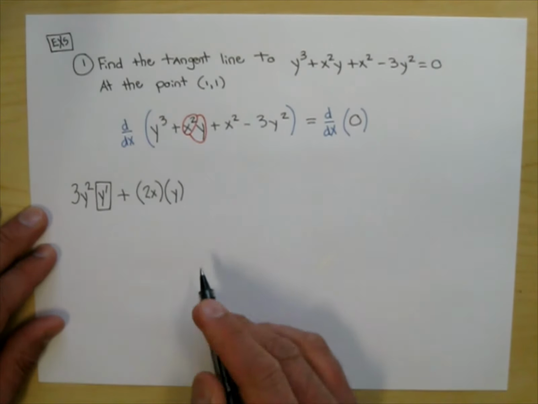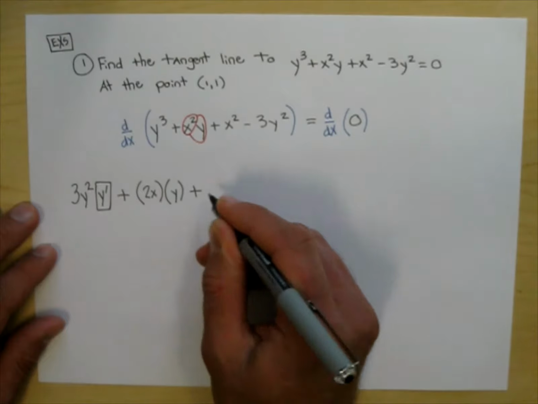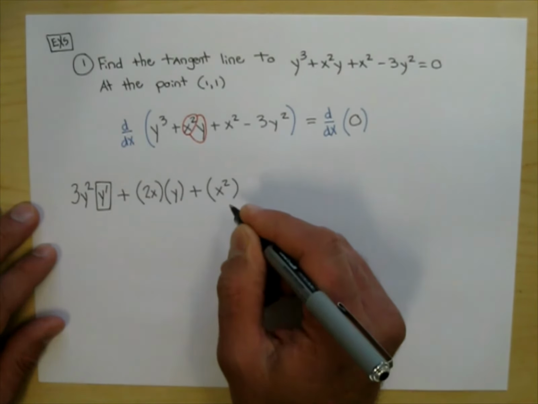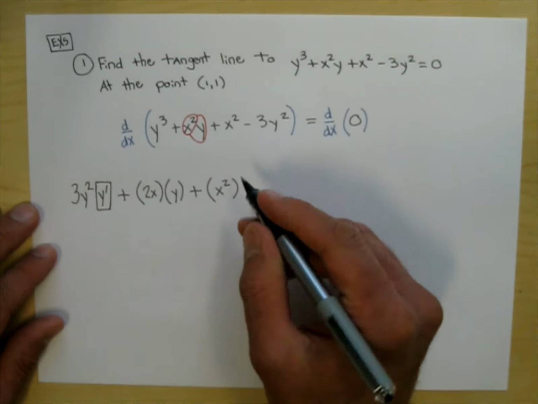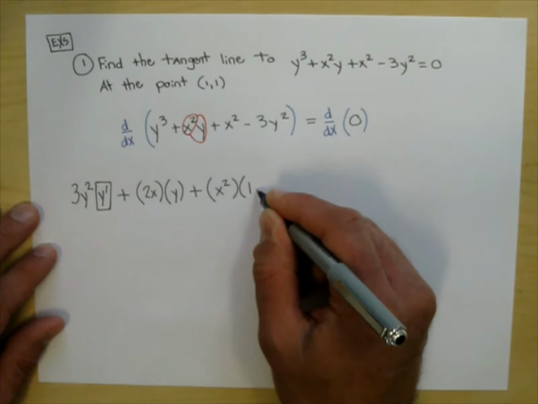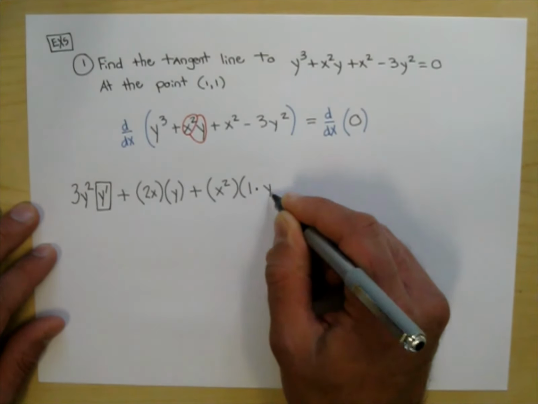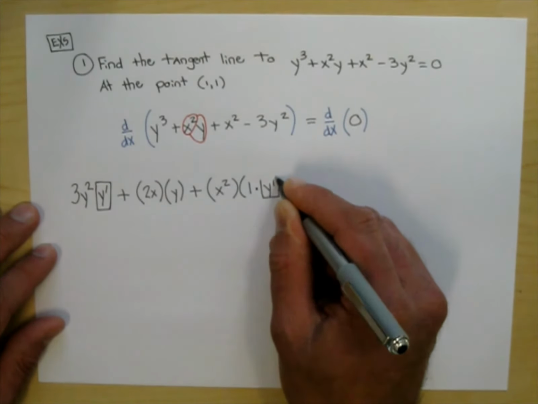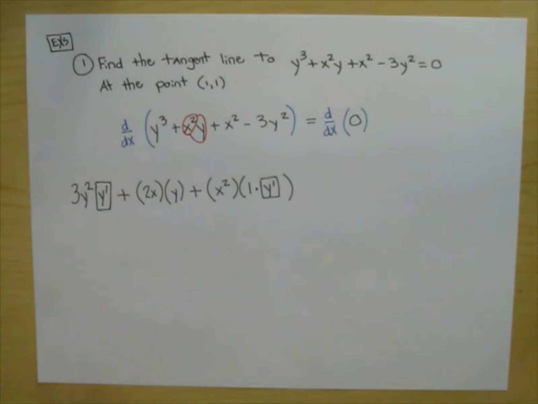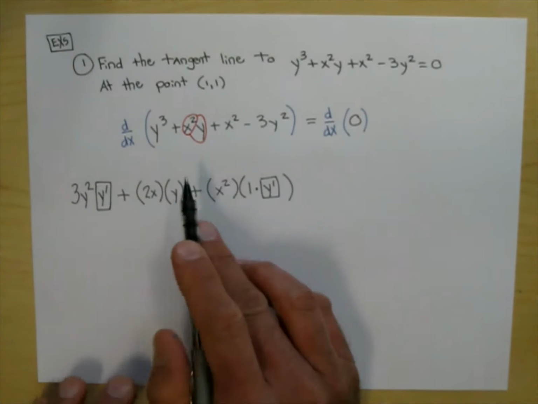So no y primes yet, plus the first times the derivative of the second. Well, what is the derivative of y? It would just be 1, and then you've got to put your little marker, which is y prime. Okay, so that takes care of that one right there, the x squared y.